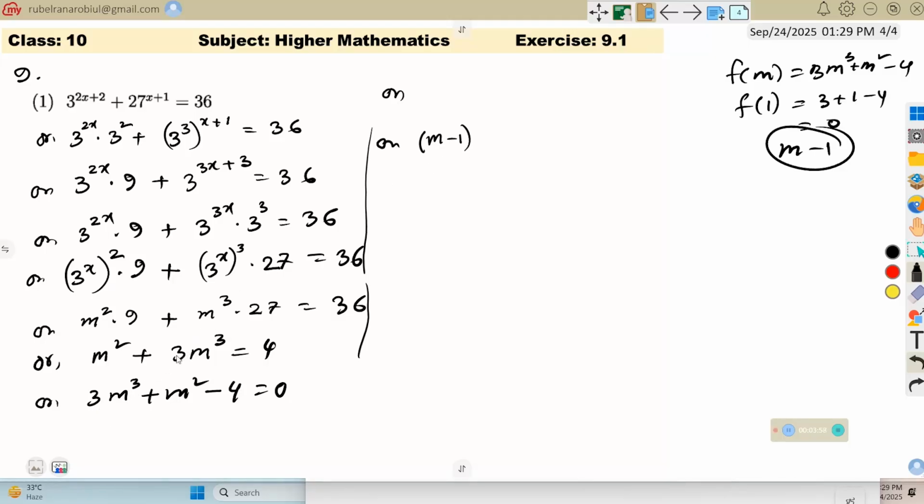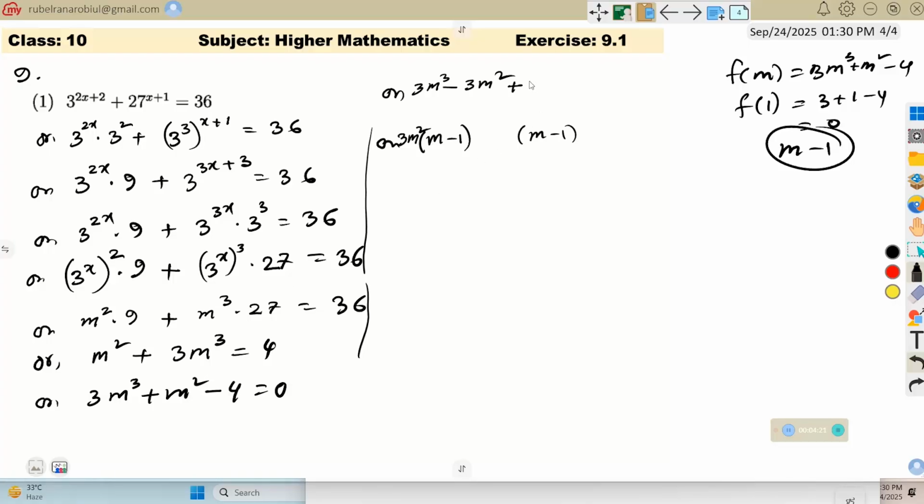We have to get 3m cube. So we have to multiply by 3m square, and it will give us 3m cube. After completing multiplication, we will get another term, that is minus 3m square. Now again, we don't have minus 3m square. We have just m square.